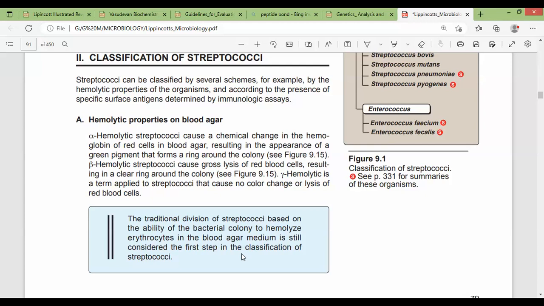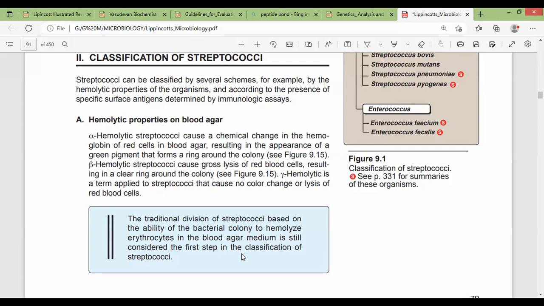So with alpha hemolytic organisms, essentially what will happen is that there'll be a partial lysis of red blood cells, or we can say partial hemolysis.